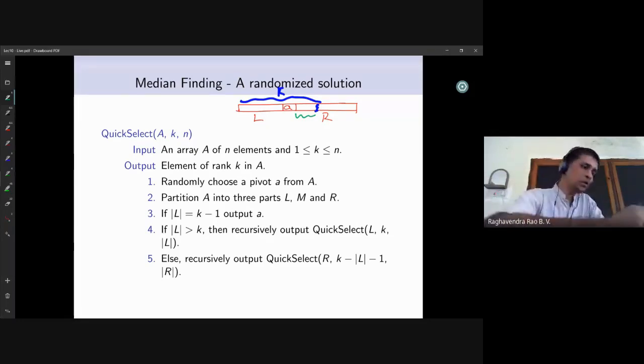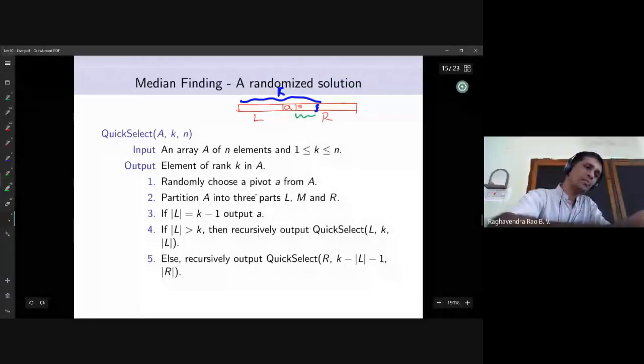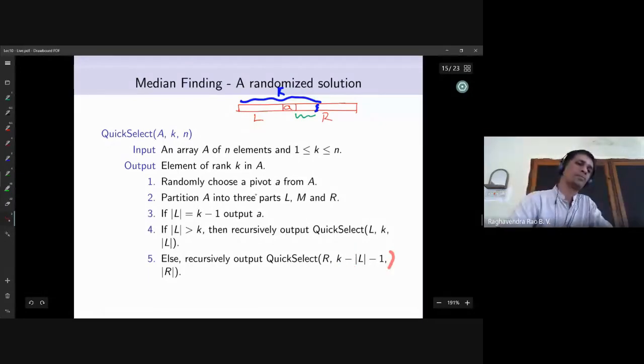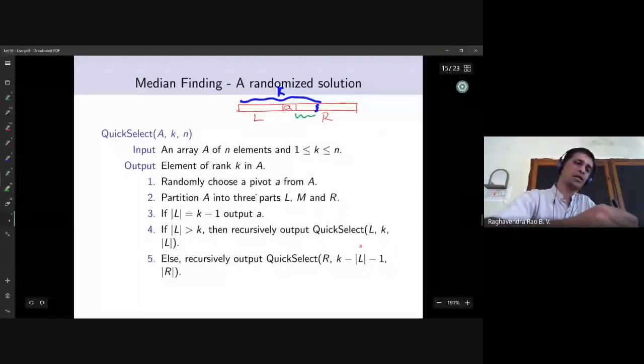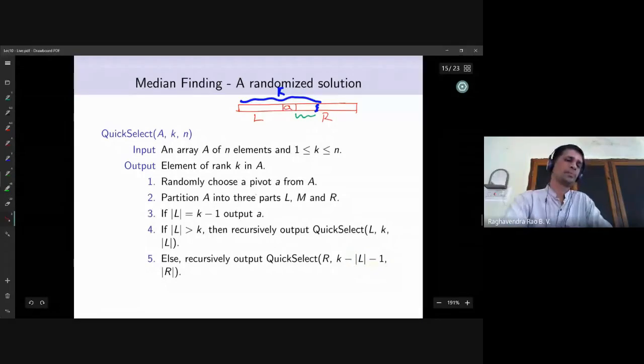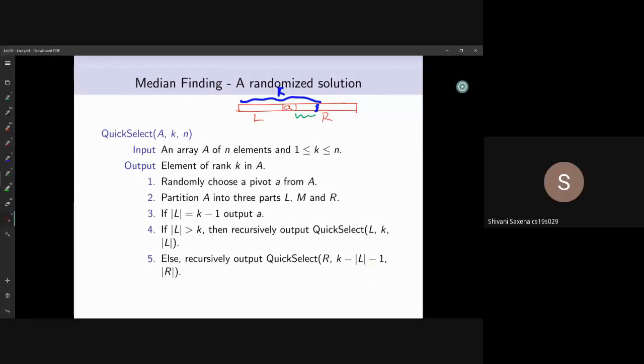I'm only looking at this array now. In this array, its rank is K minus this much, which is cardinality of L plus 1, which is basically K minus cardinality of L minus 1. Got it, right? That's all we are doing.